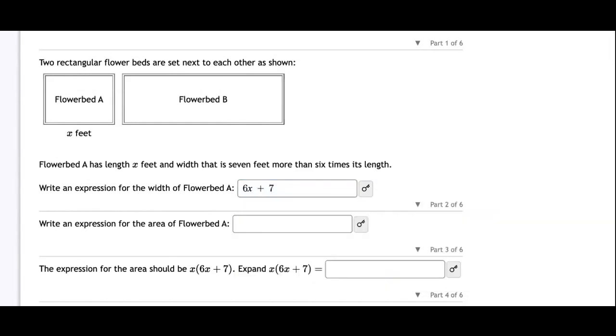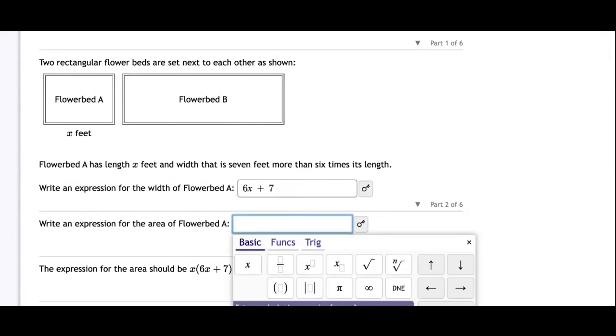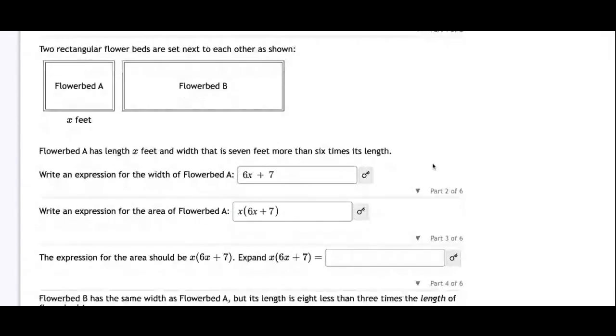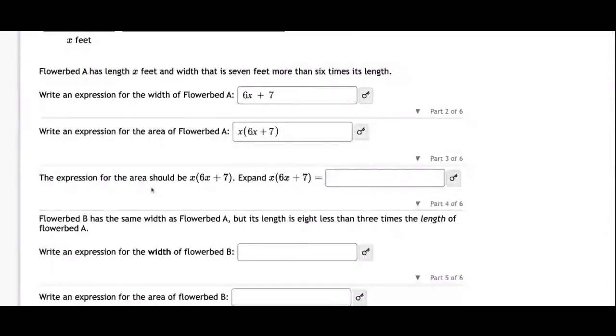And write an expression for the area. So we just multiply x times 6x plus 7. The expression for the area should be x times 6x plus 7. Expand.